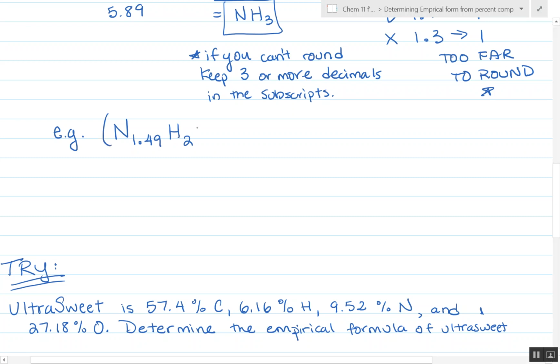So it's close enough to 1.5 that if I multiply by 2, I can get 3. So I'm going to multiply both by 2, so both the subscripts by 2. So in doing that, I get the answer of N3H4. Okay, so let's just make the note of that.